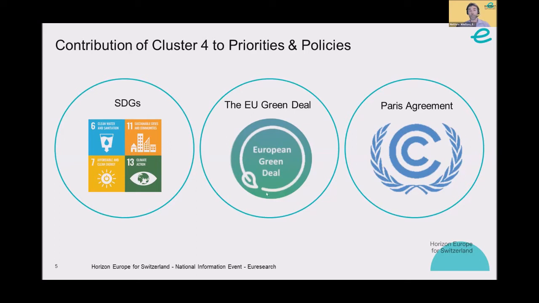Of course, there is a big contribution to the European Commission Green Deal policy, which is one of the most important ones, one of the 6 key priorities of the European Commission. So that is central definitely to Cluster 4. And last but not least, the Paris Agreement, which is this international binding commitment to keep temperature increase below a certain level. So these are, let's say, the 3 big elements to which Cluster 4 contributes.